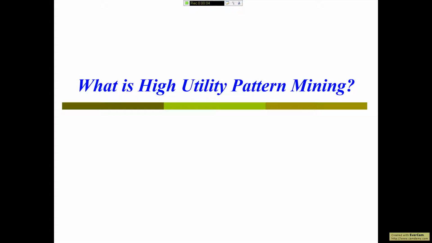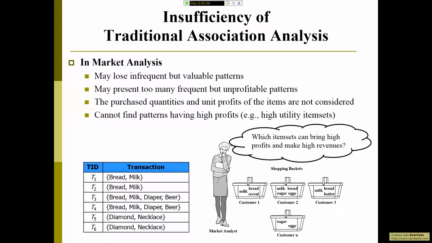The first question that may come to anyone's mind is, what is high utility pattern mining? To understand this, let's go back to frequent itemset mining. Frequent itemset mining is one of the most important technologies in data mining. A typical application is to discover sets of items that are frequently purchased together by customers.